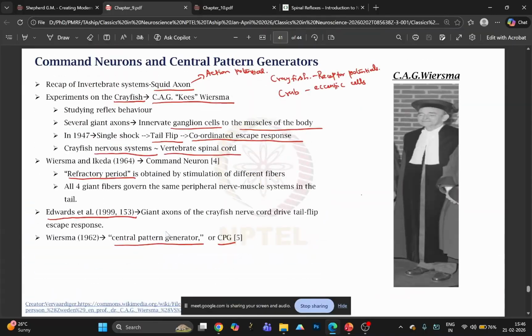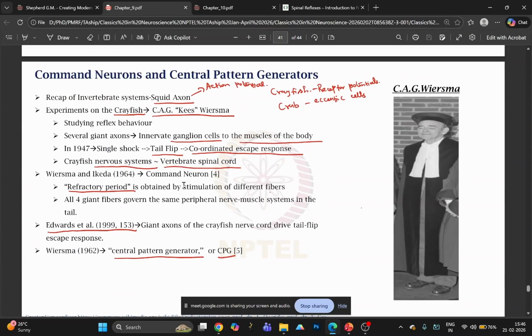Yeah. Kees Wiersma was the one who tried to use the crayfish to understand reflex behavior.